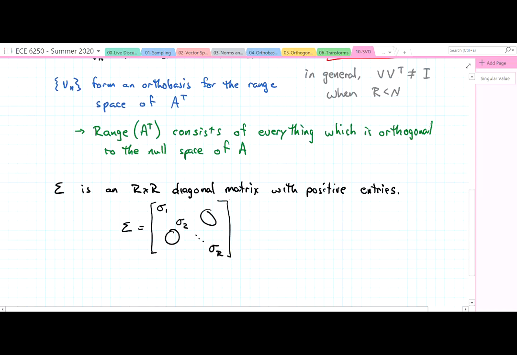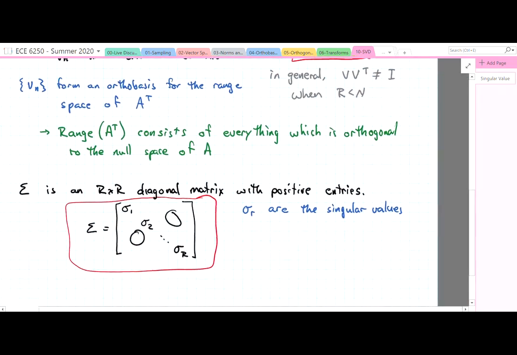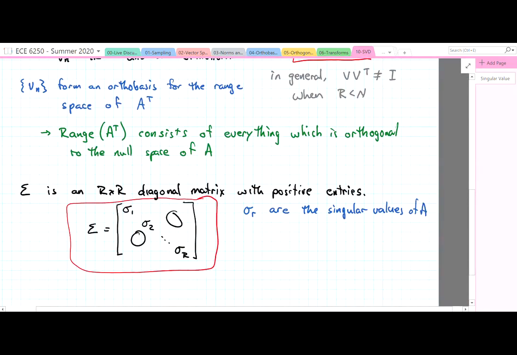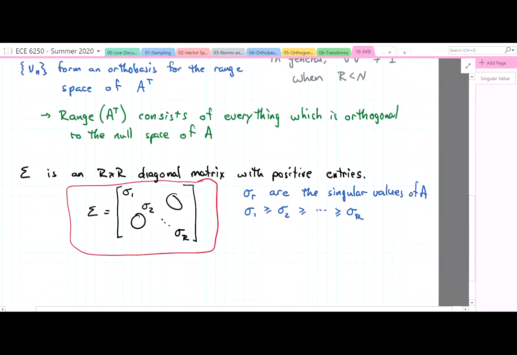We're going to call these sigma values, sigma_1 through sigma_r, the singular values of A. And furthermore, we're going to have them sorted, as we also did with our eigenvalues, so that the largest one is in the upper left, and the smallest one is in the lower right. So that's generally our singular value decomposition.